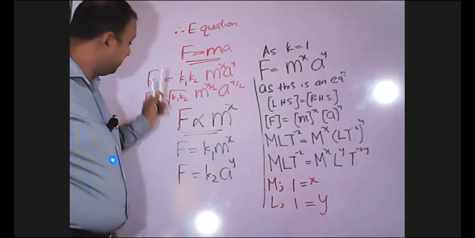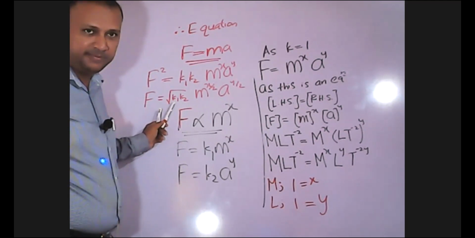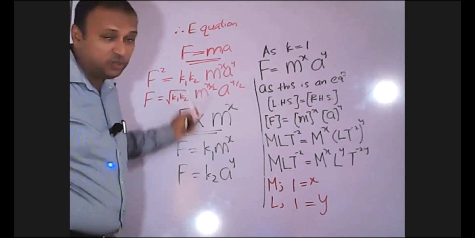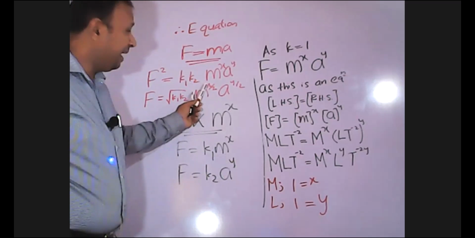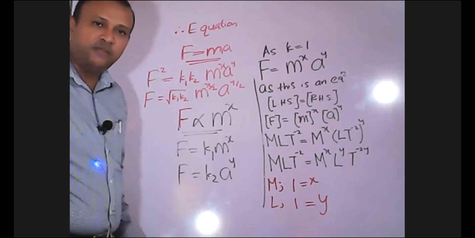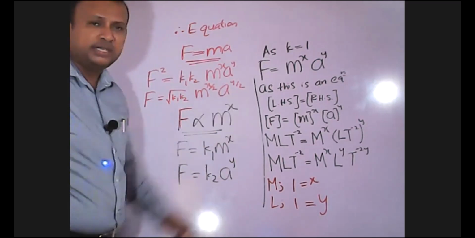Okay. Look at this. K1 is a constant, K2 is a constant. So this is a constant. X, actually we don't know about x, but x over 2 is an unknown factor. We can write it as P. Y over 2 is an unknown factor.